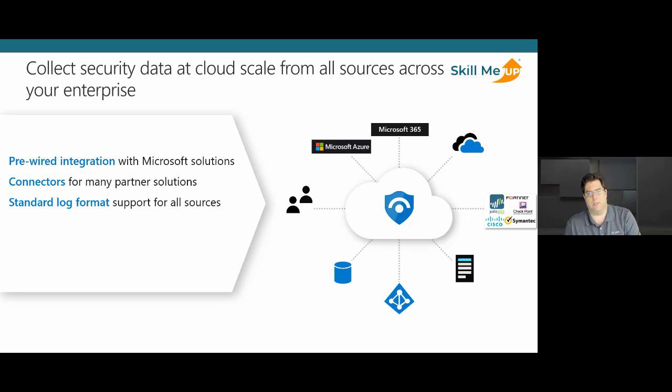You can ingest that information, as well as hundreds of other industry leaders in security capabilities, like firewalls from Cisco and appliances from Palo Alto, threat detection and antivirus, anti-malware software from Symantec and Trend Micro, all of which have native connectors within Azure Sentinel.